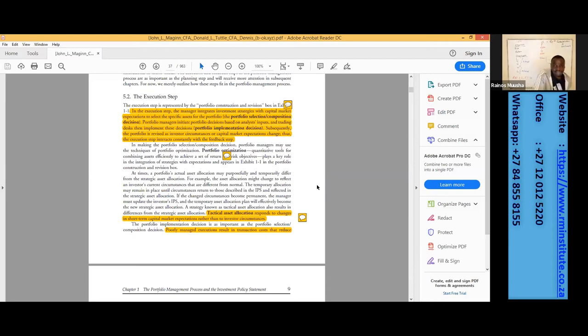Then over time, as they see now opportunities for them to be able to invest, they can now go back to the strategic asset allocation as well.